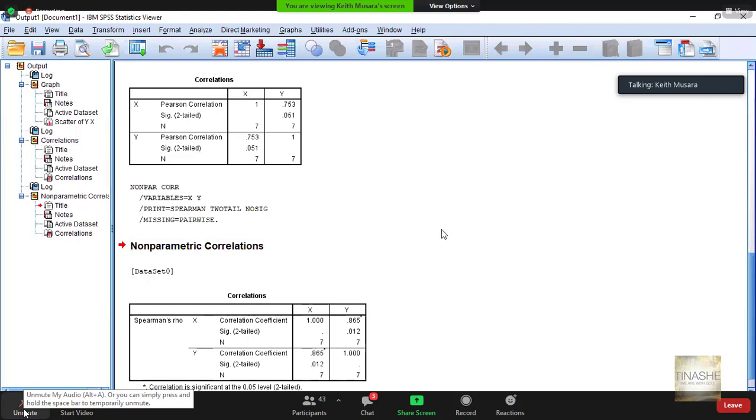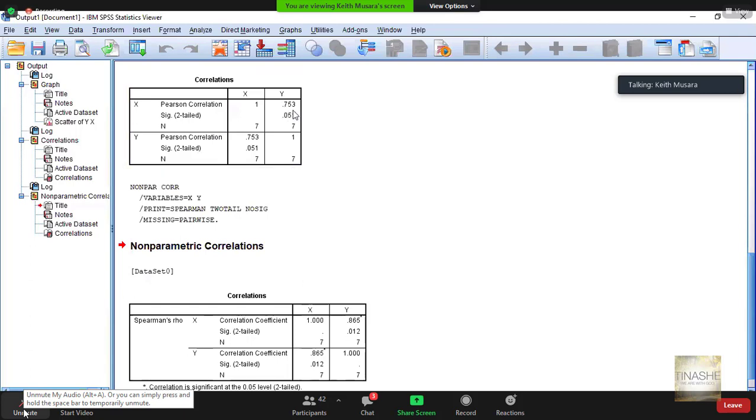So if rho is equal to 0, we are saying the correlation coefficient is statistically insignificant. The one that we have obtained is 0.753. Is statistically what? Insignificant. If given a table of Pearson correlation, we are supposed to interpret the correlation coefficient, which is 0.753.